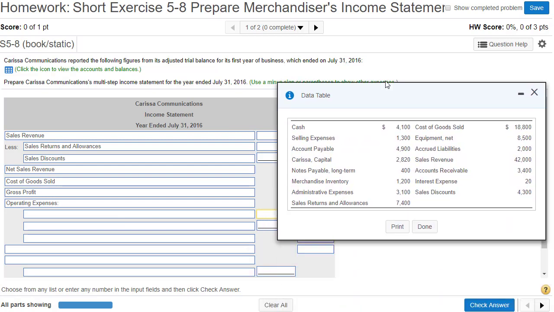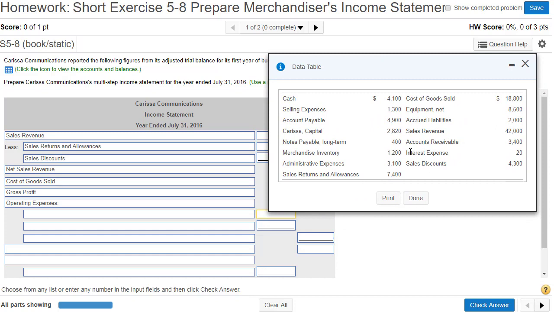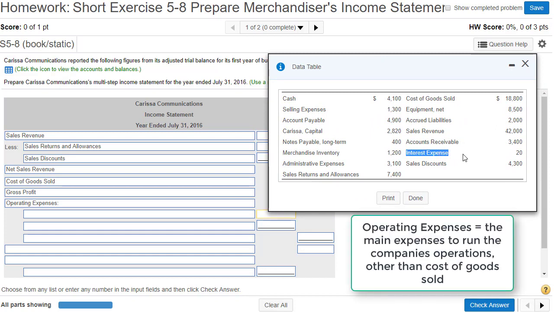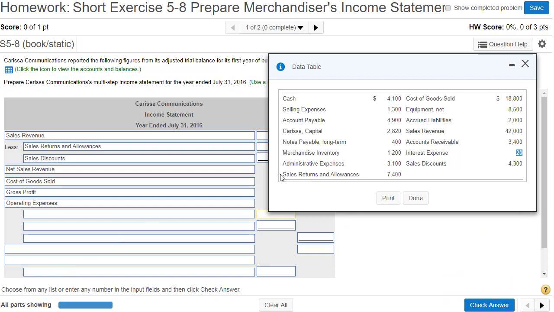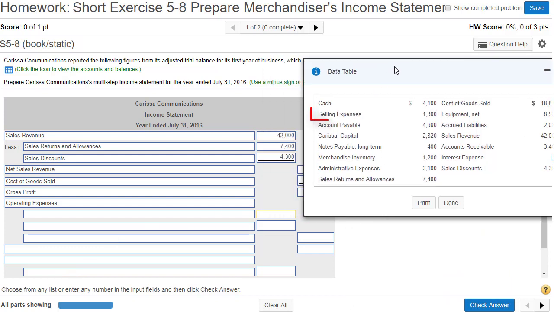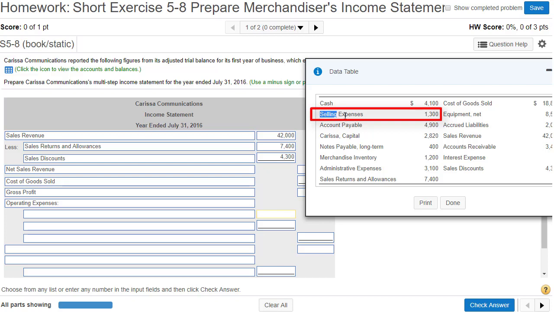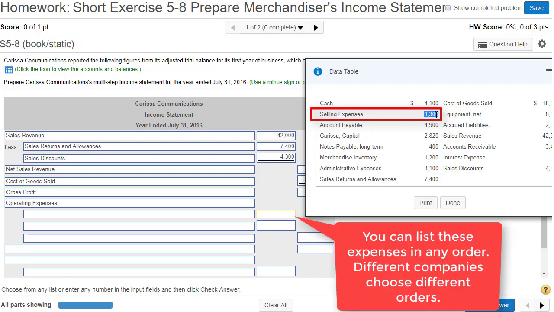Operating expenses are the main expenses to operate the company, but it does not include minor expenses like interest expense. And if this company had interest revenue, that would also be minor and would be located towards the end of the income statement. So let's start here. We've got selling expenses. That's an operating expense, $1,300.